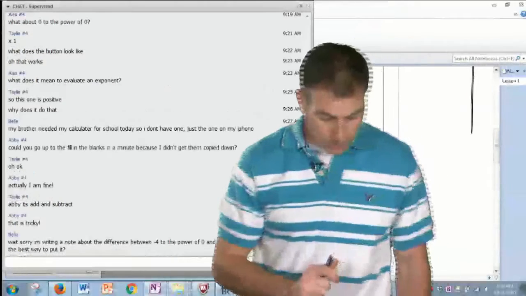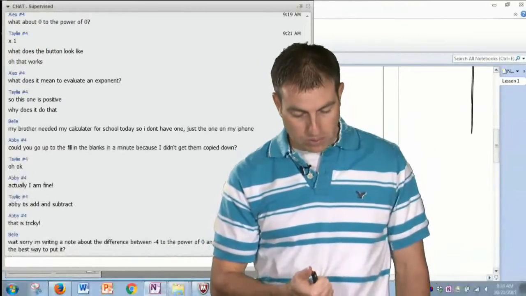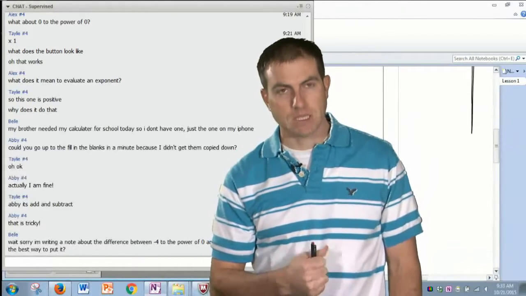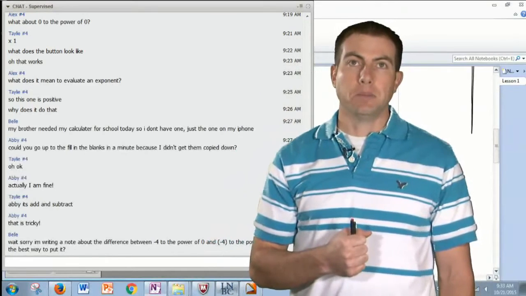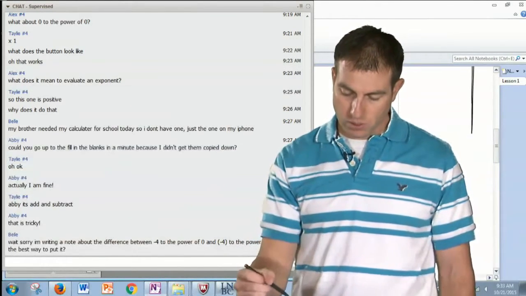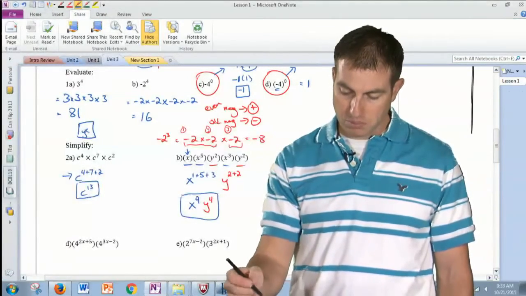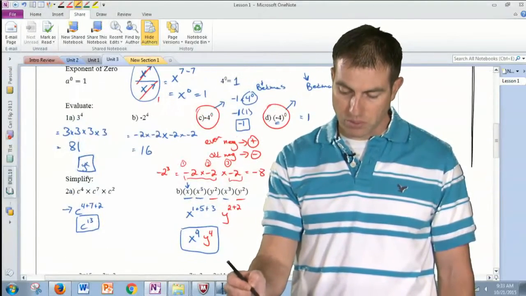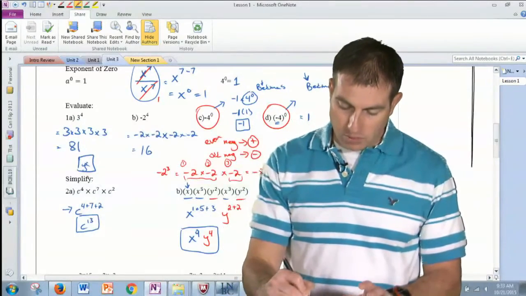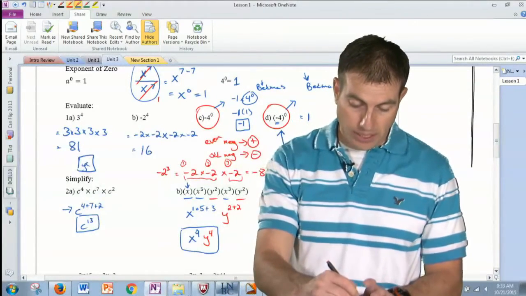So Belle, you asked about the difference between the negative 4 to the power of 0 and negative 4 in brackets to the power of 0. What is the best way to put it? It's a good question. How are we going to maybe simplify that or write a note about it so we remember? I guess the important one is the second one.